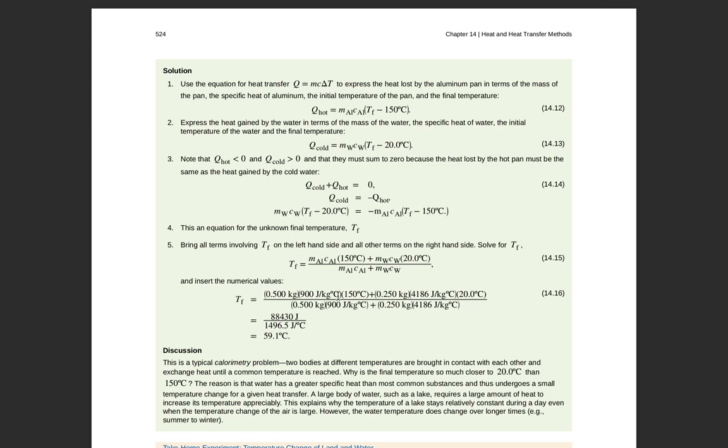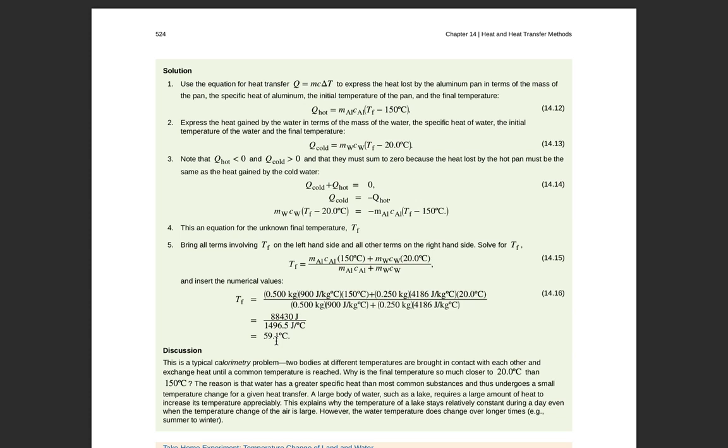So once you multiply everything out and divide, you get that the final temperature is going to be 59.1 degrees C, which falls between 20 and 150 degrees C. So from that aspect, it makes sense. You know, the temperature should be between the hotter and the colder substance.